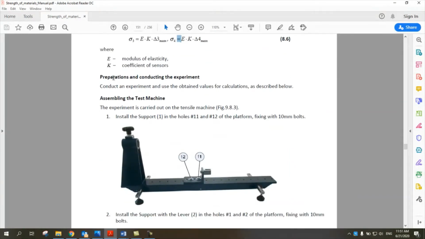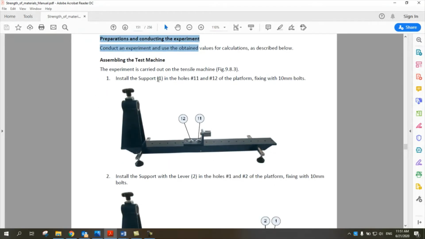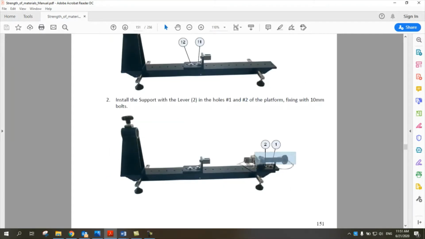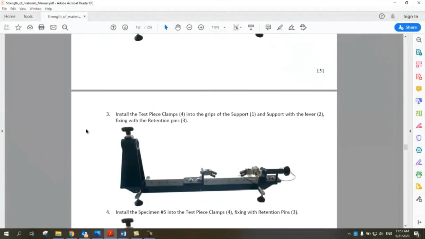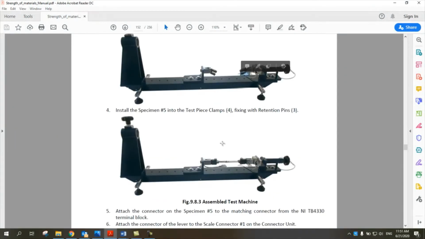To prepare our experiment, same as usual, we will install support number 1, this one, and then support number 2 for preparation for tensile force, and we will fix our test piece clamps number 4, this element and that element, and then lastly we will fix our specimen number 5 in between, so that if we turn the knob to the right, we will apply tension on the specimen.